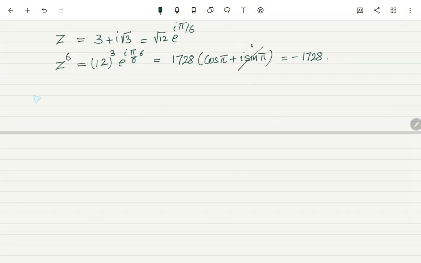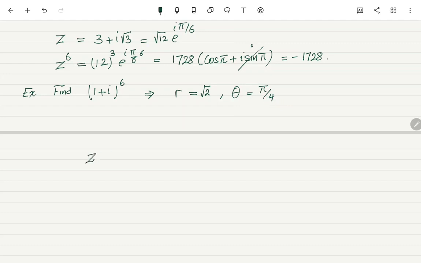Example, find (1 plus i) to the power 6. Again, let's find r equal to the square root of x squared, which is 1, and y squared, which is 1 as well. So it's square root of 2, and theta is tan inverse of 1 over 1, which is pi over 4.